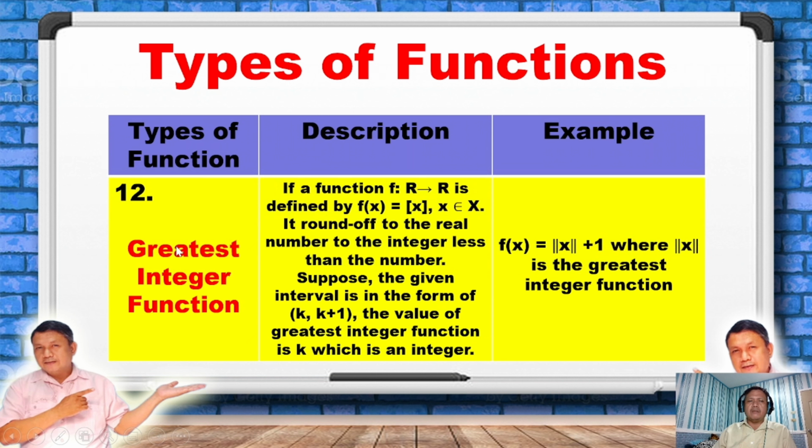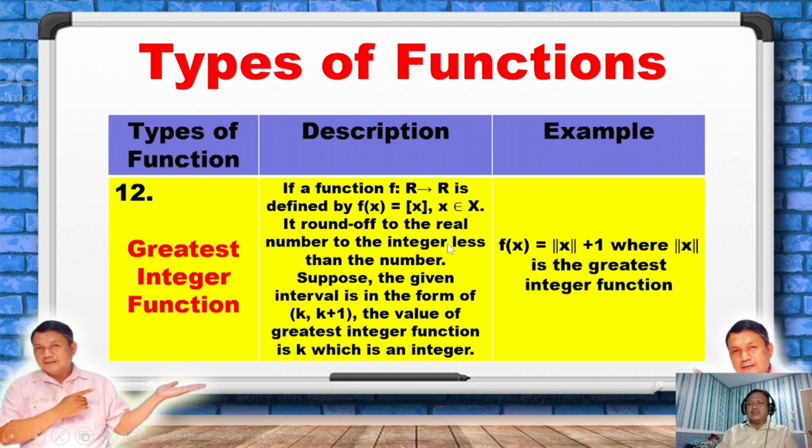Let's now proceed to number 12. It is greatest integer function or yung GIF na tinatawag. Okay, so if a function f r approaches r is defined by f of x is equal to the greatest integer of x, where x is the element of x, it rounds off the real numbers to the integer less than the number.